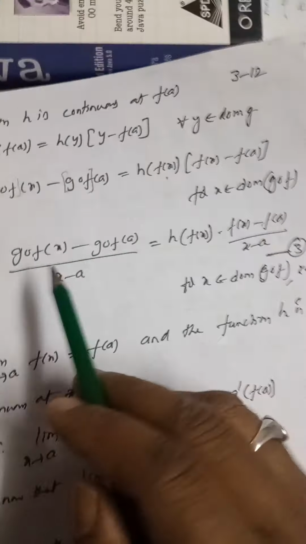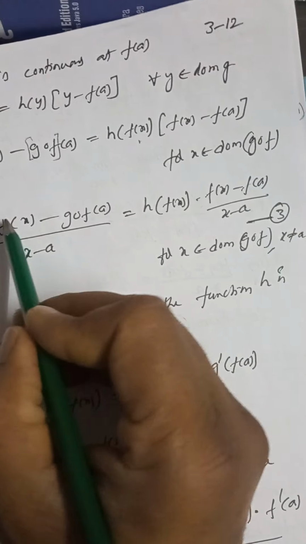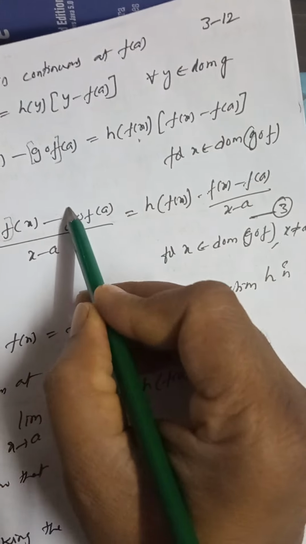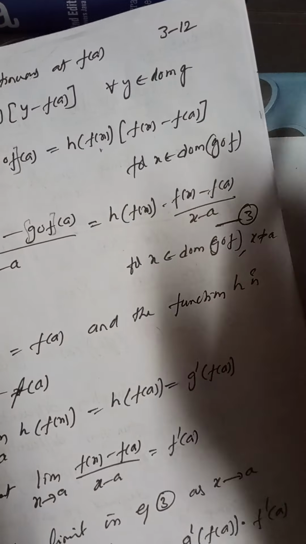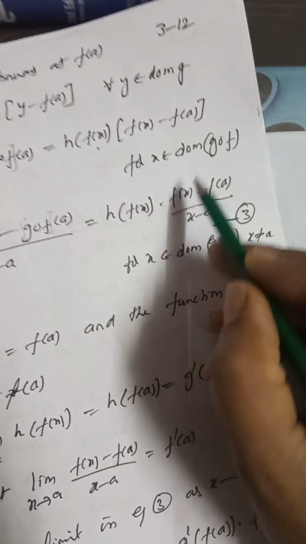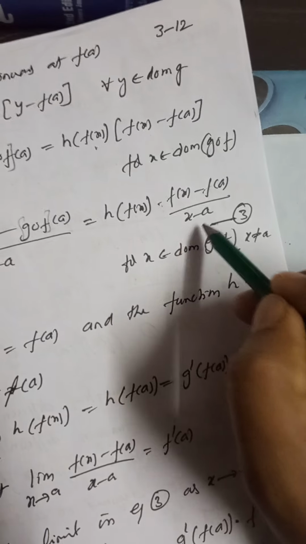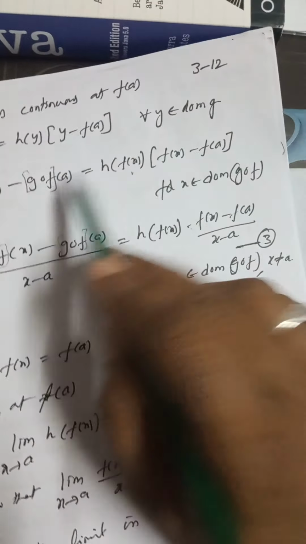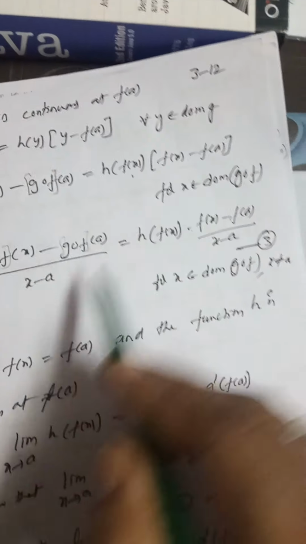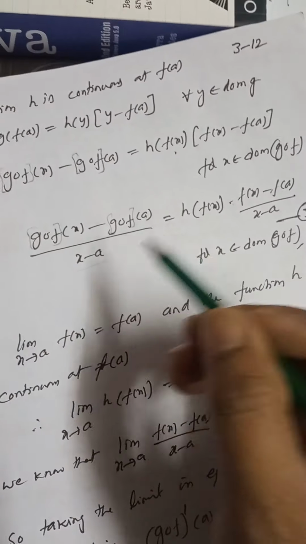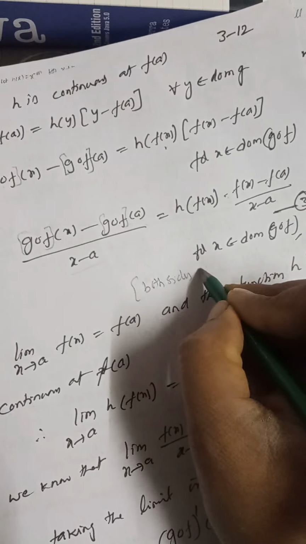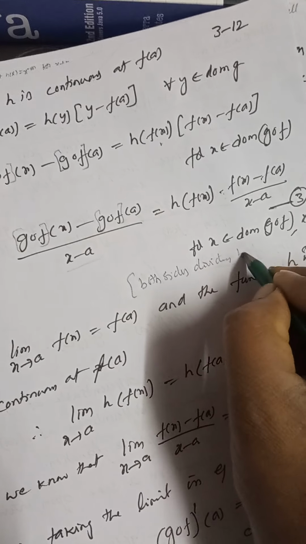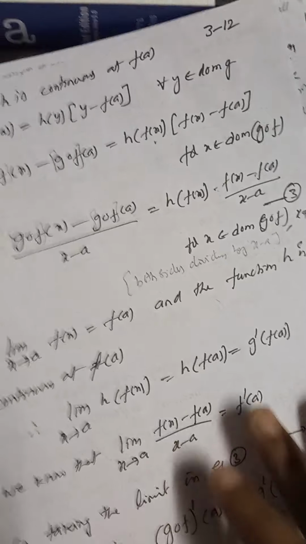Hence g circle f of x minus g circle f of a by x minus a is equal to h of f of x into f of x minus f of a by x minus a. What we are doing is dividing both sides by x minus a, right?